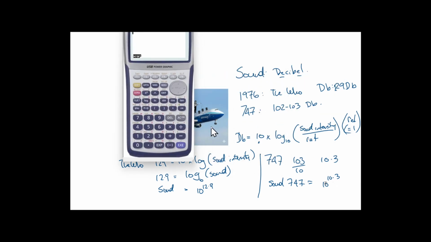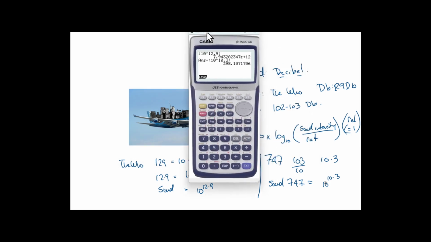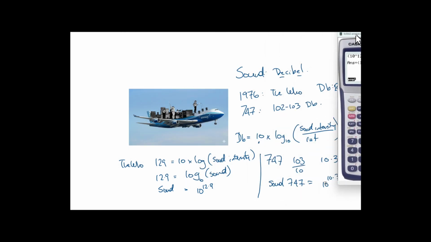Let's grab our calculators. So let's work out how much louder The Who is than a 747. So 10 to the power of 12.9 is that. Wow. Divide that by 10 to the power of 10.3. So they're 398 times louder, more sound intensity than a 747.